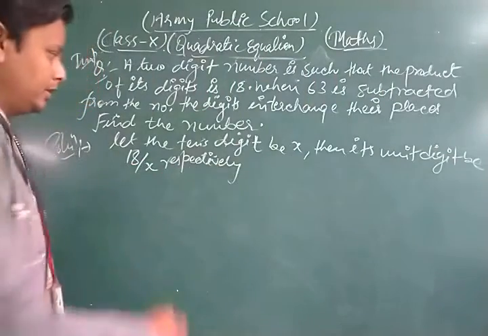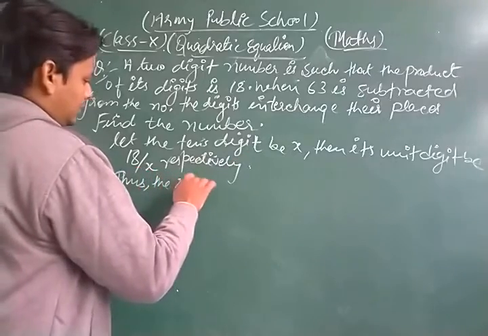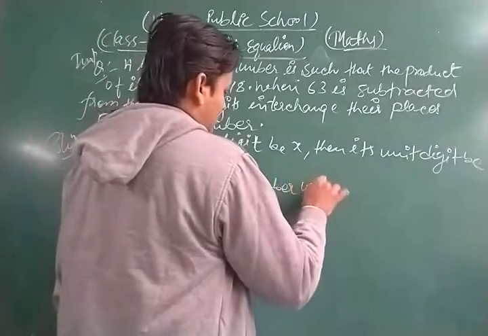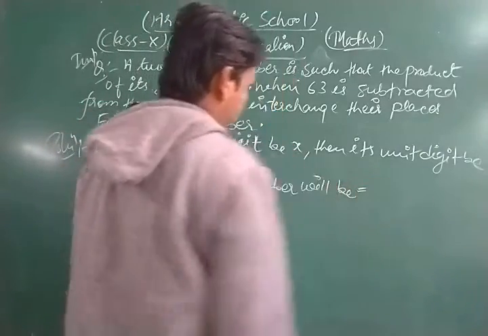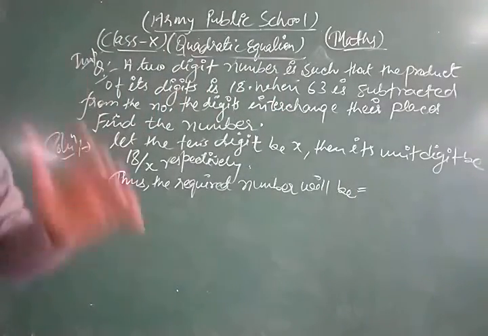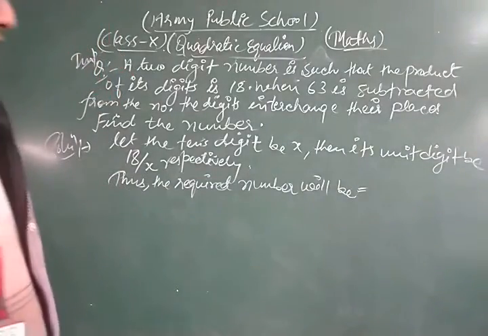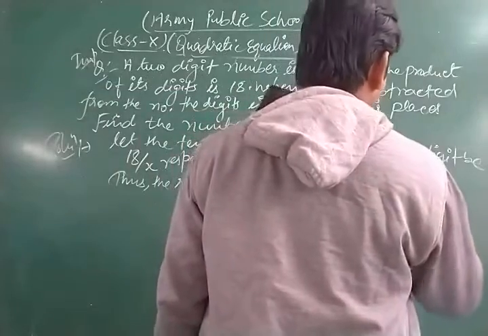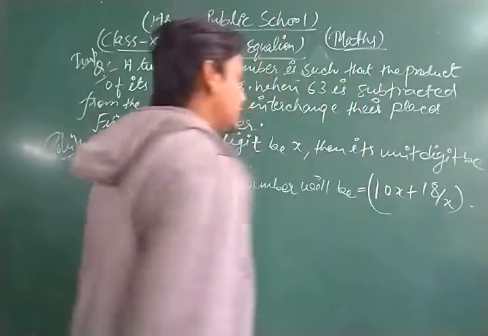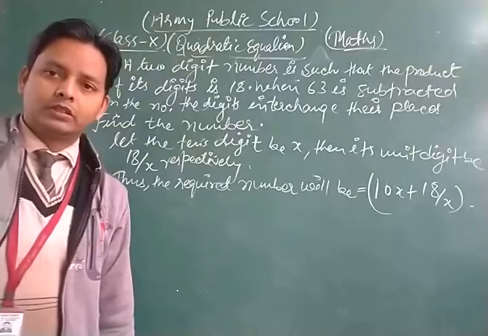Thus the required number will be, the tens digit we taken as x, so the required number is 10x plus the unit digit, which is 18 upon x. This is the required number according to the concept of questions based on two-digit numbers.